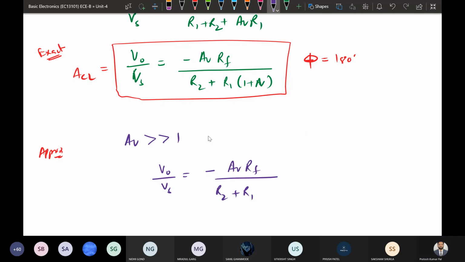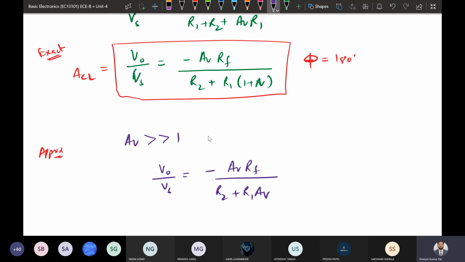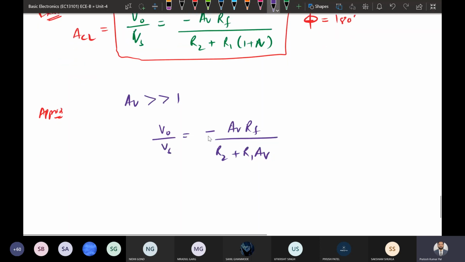If the gain is very high compared to 1, then 1 plus AV will be equal to AV. Okay, so this is the case. But if AV is very high, then R1 multiplied by AV, R2 will be neglected in comparison to R1 into AV.